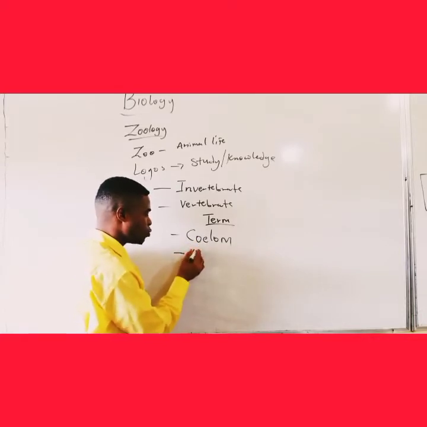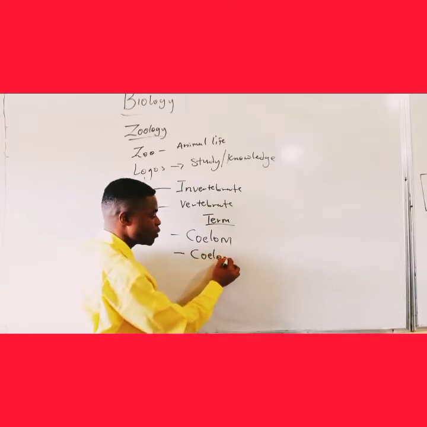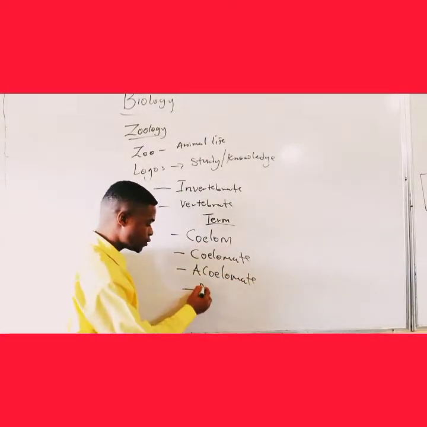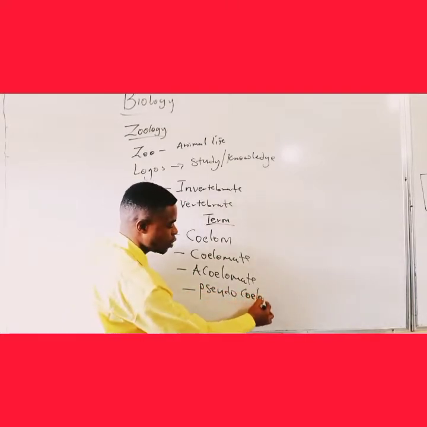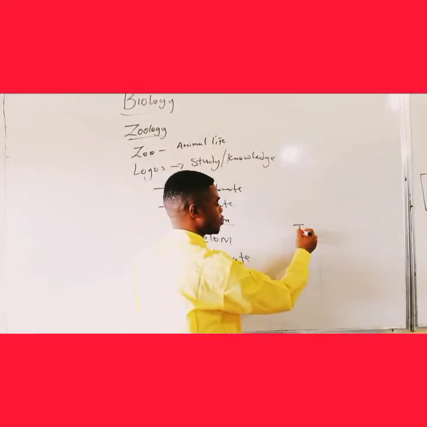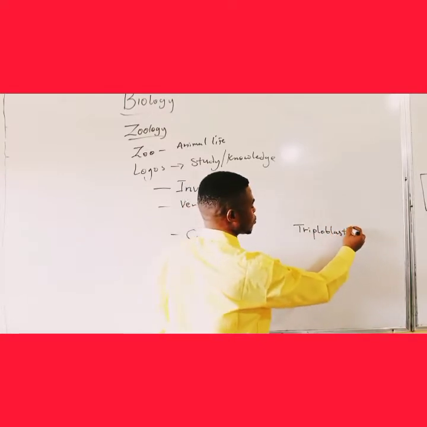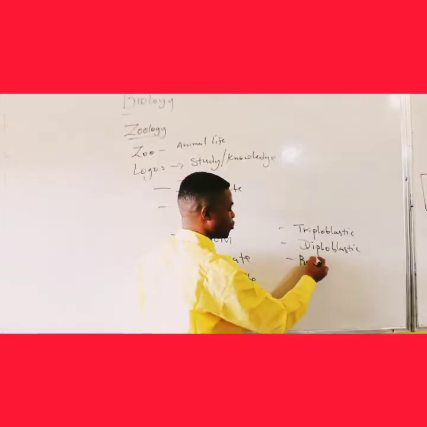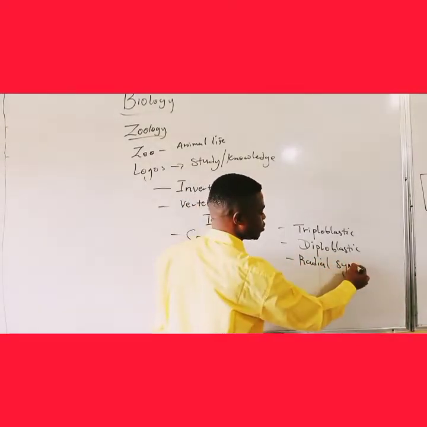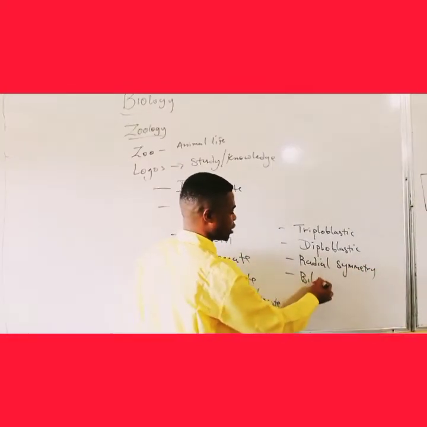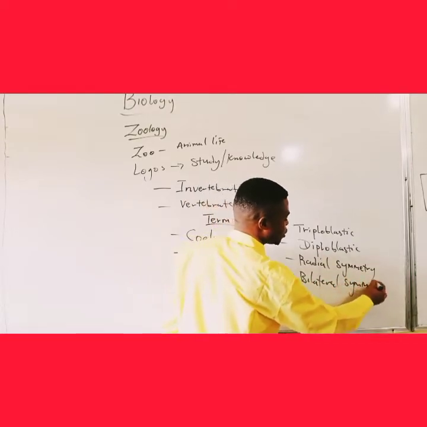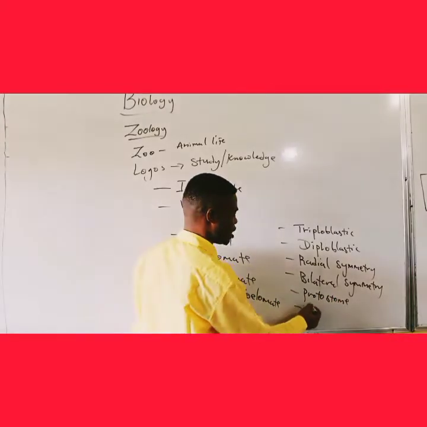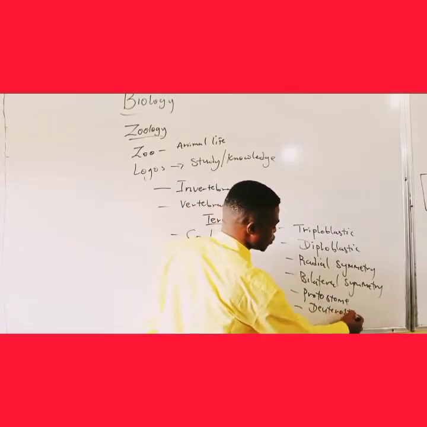We have coelomate, acoelomate, pseudocoelomate, triploblastic, diploblastic, radial symmetry, bilateral symmetry, and then we equally have protostome as well as deuterostomes.